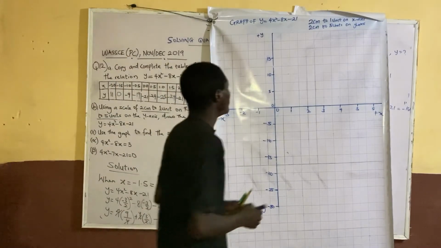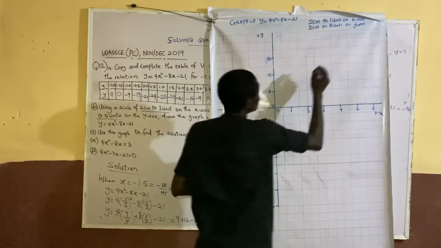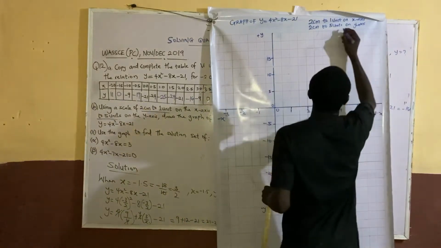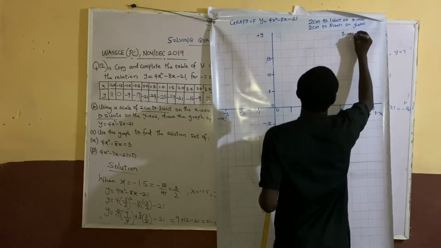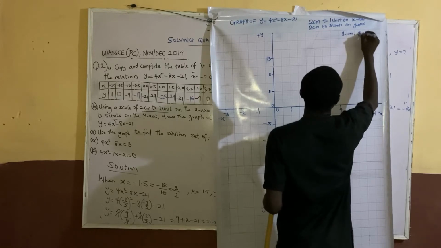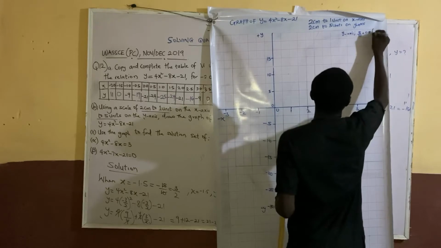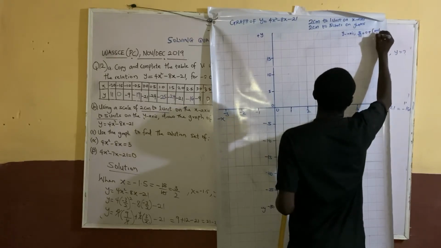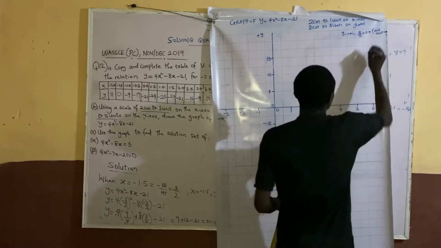If I'm reading for the y-axis, each box will be 5 divided by 10, which is 0.5, for each small box. I'm just writing this for explanation's sake.